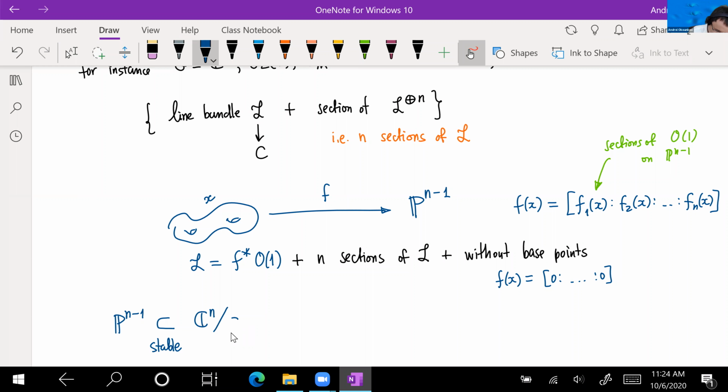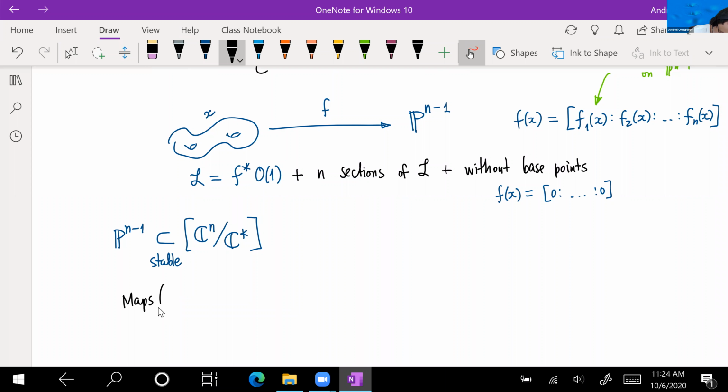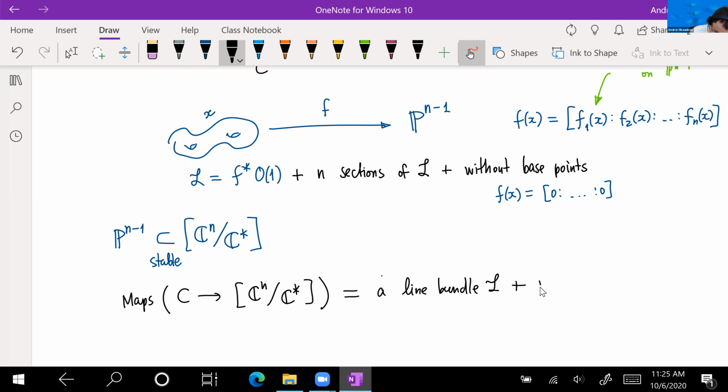So if I'm mapping from C to that quotient stack, that is a line bundle plus n sections.